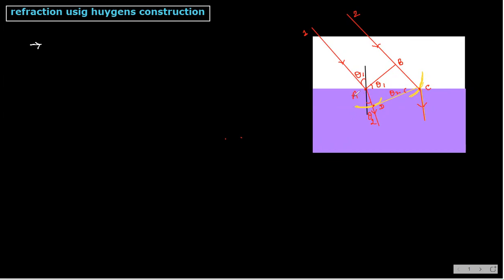Okay, now what is AB here? AB is incident wavefront. Okay, you can see here. Next. Now, see here.